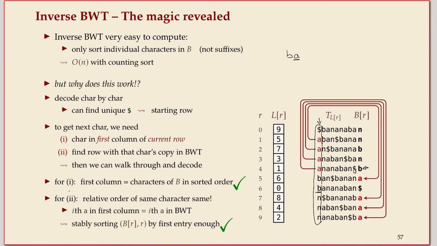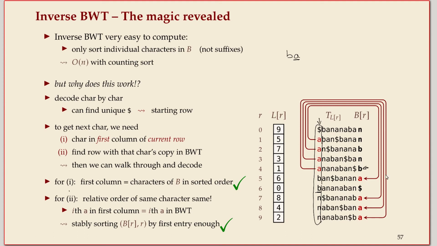That used to be the case here, and it's still the case here. So this is the same A. But why is it necessarily keeping the same order if I go from the occurrences of A to their matching occurrences in the BWT? Why can't these lines cross?